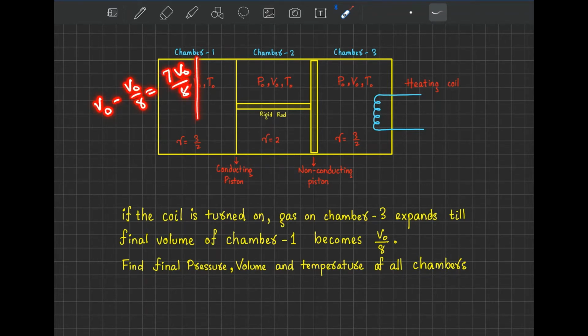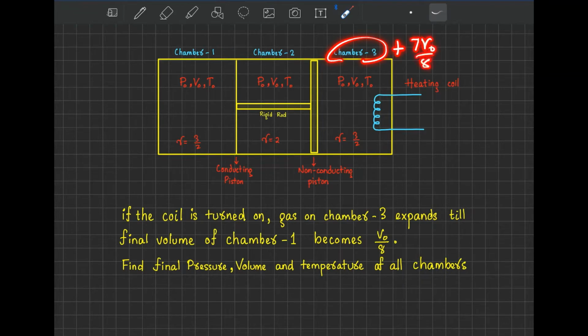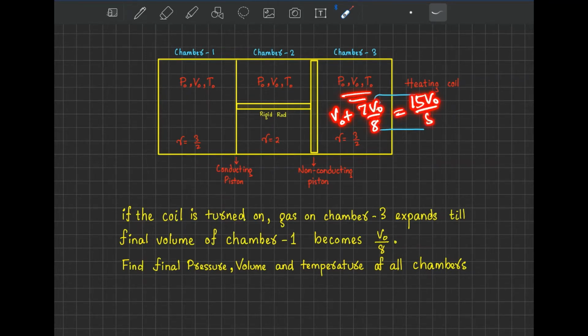So chamber 1 decreases by 7 V0 by 8. That means chamber 3 increases by 7 V0 by 8, right? So the final volume of this one will become V0 plus 7 V0 by 8, which is 15 V0 by 8. This much we can get. And here the final volume will be V0 by 8.